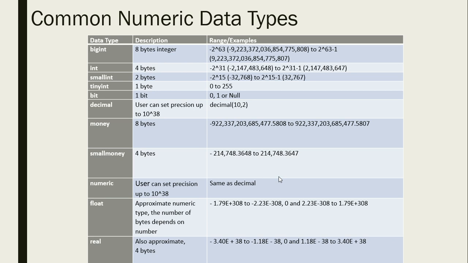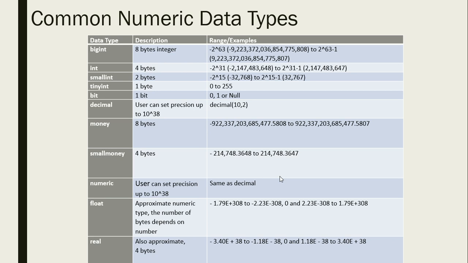Interestingly, when you're designing a database, you have to think about these things because, look at integer, for example. We might be tempted to use int as our data type for, say, the primary key, because it's just the number to identify something. Well, the maximum value of an int is 2,147,483,647. That means if you're going to have more than 2 billion records for a single table, then an int is not going to be big enough.